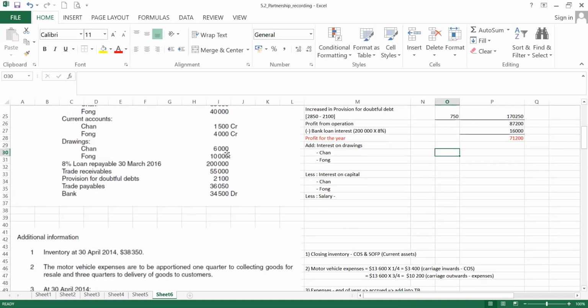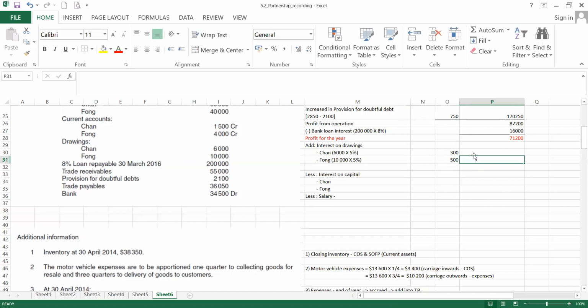How much is the drawing taken? Chan taking 6,000. So we take 6,000 times 5%. Whereas Fong takes 10,000 times 5%. So calculate the amount first. 6,000 times 5%, and then 10,000 times 5%.